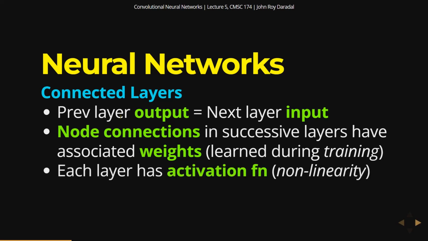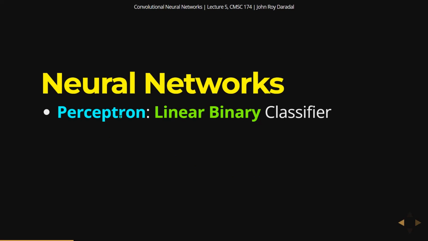Each layer also has a separate activation function that applies non-linearity. So you could have like a ReLU activation in layer 1 and then maybe sigmoid in layer 2. But in practice, we usually use the same type of activation function throughout the whole network, to keep it uniform.